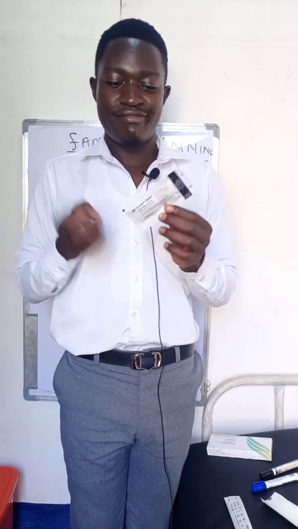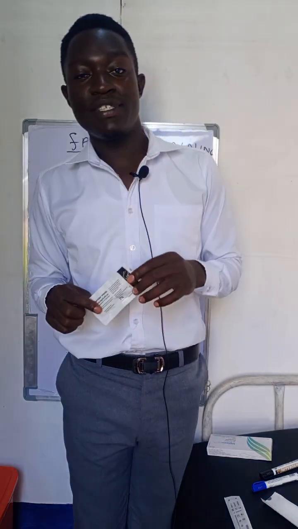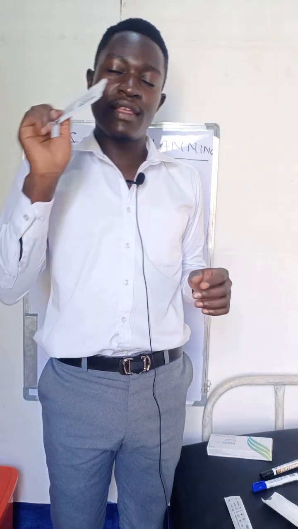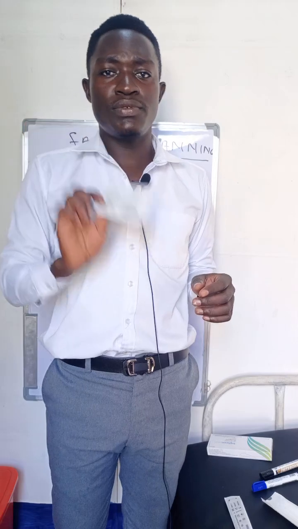Number three, you have this one. So this is the depot injections. We have the normal one, and we have this one. We call it the cyana. This is called cyana, and this is the normal depot injection. So in what circumstances should you use depot injection? First is whereby you want a short-term family planning method, because you get this injection for 3 months.